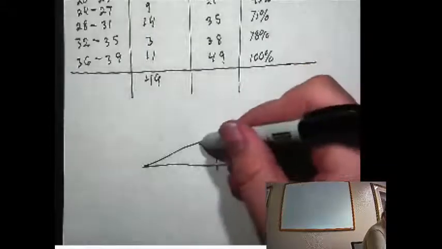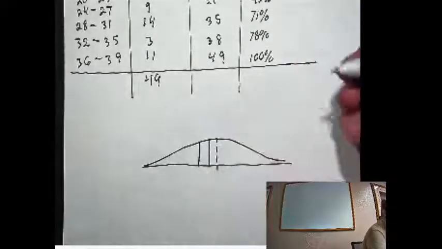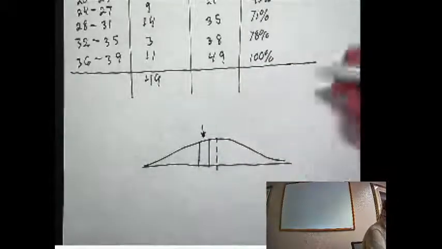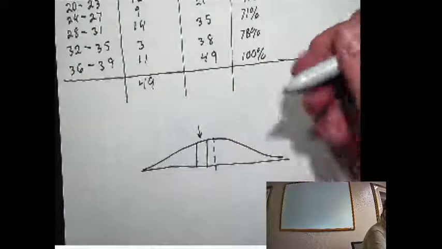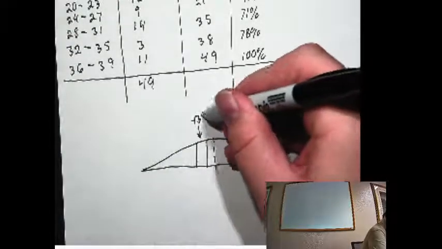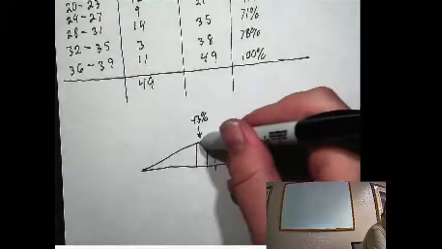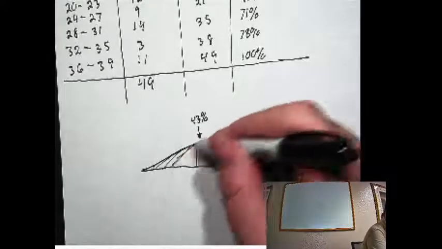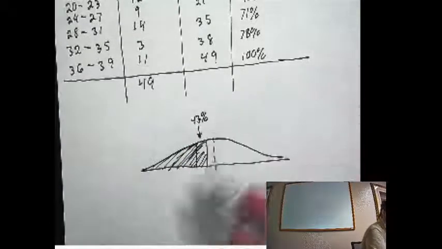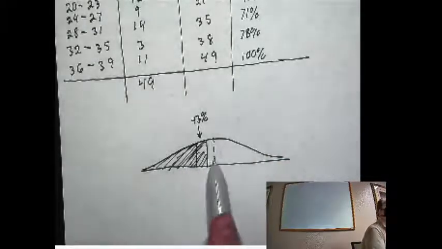So we can say, all right, we can take this slice and we'll know exactly how much of our data is in that slice. Maybe, I don't know, 43% is in this one. And actually, I'll just make this like this. So we could say that 43% of our data is in this shaded area.